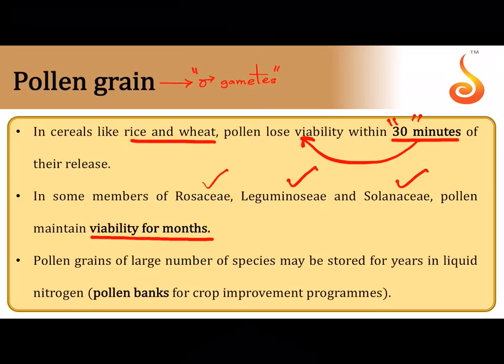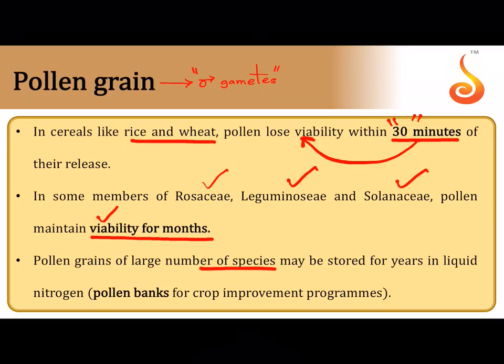Even after several months, if you drop it onto the stigma, they can still carry out fertilization. So they are viable not just for a few minutes, like less than 30 minutes in cereals, but for months together.